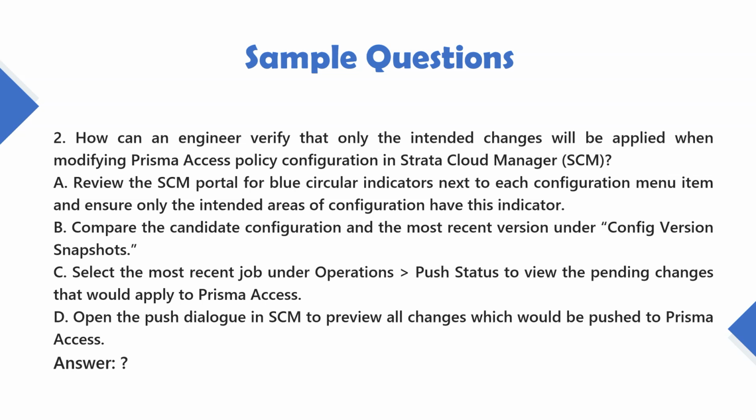B. Compare the candidate configuration and the most recent version under Config Version Snapshots. C. Select the most recent job under Operations, Push status to view the pending changes that would apply to Prisma Access. D. Open the push dialog in SCM to preview all changes which would be pushed to Prisma Access.